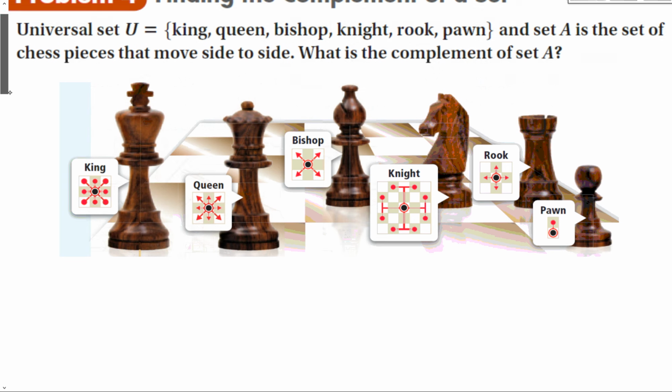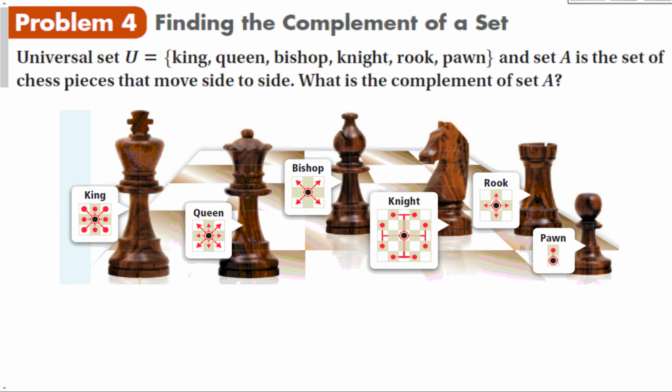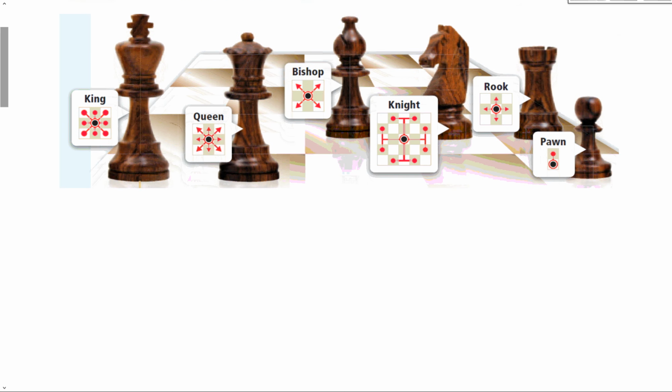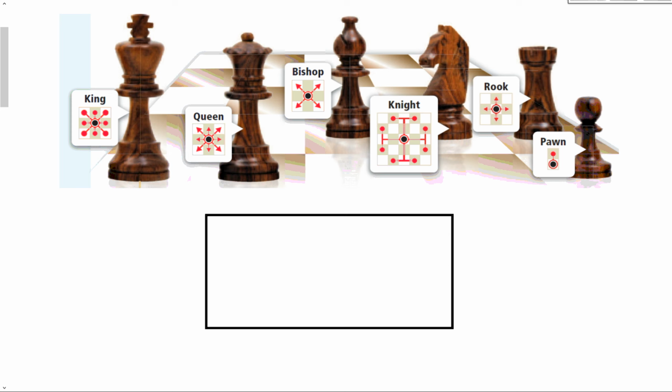So what is the complement of set A? Let's make a little Venn diagram. I'm going to make a nice little rectangle, and then let's make a circle inside of this.